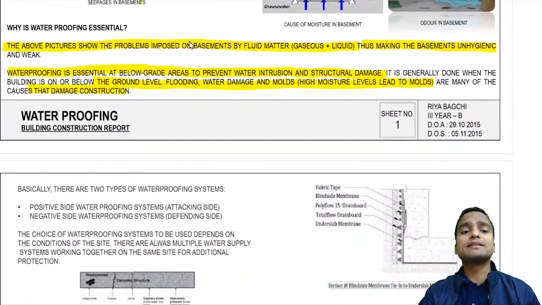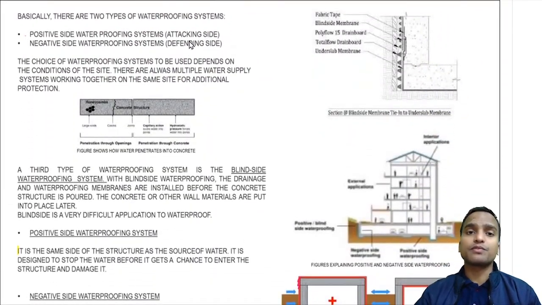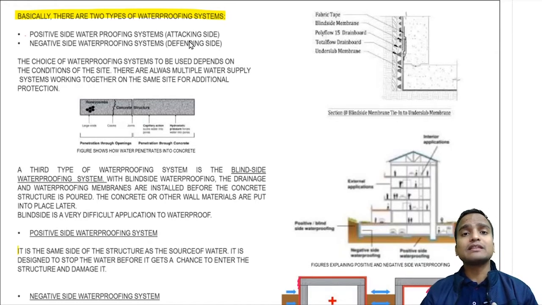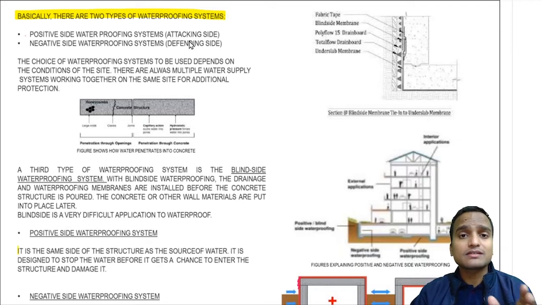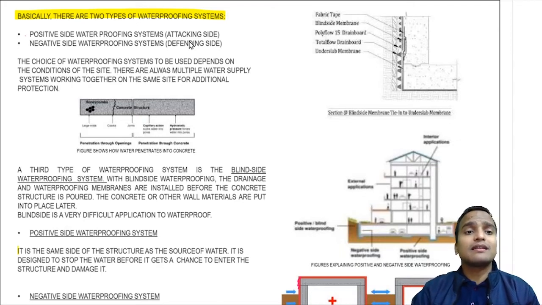There are basically two types of waterproofing system, and these two types are based on which side we are providing the waterproofing measures. If we are providing the waterproofing system on the attacking side, from the external of the structure, that type of system will be known as positive side waterproofing system, and this is done from the attacking side.